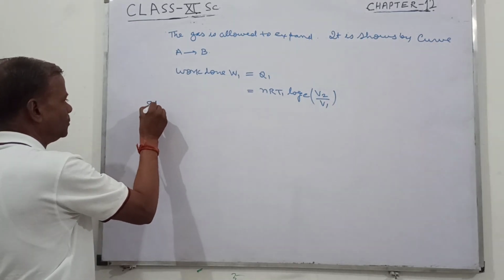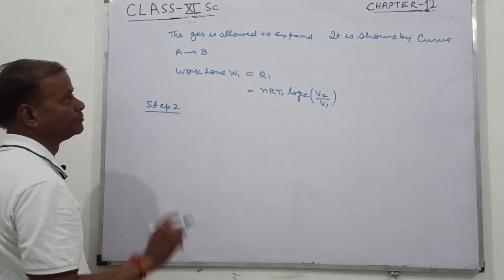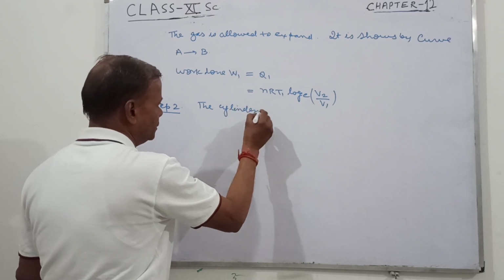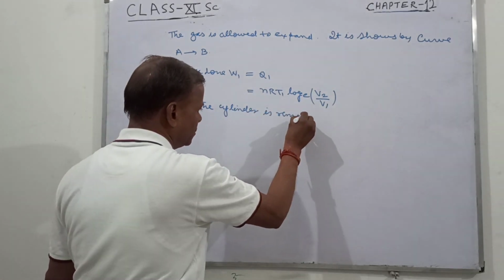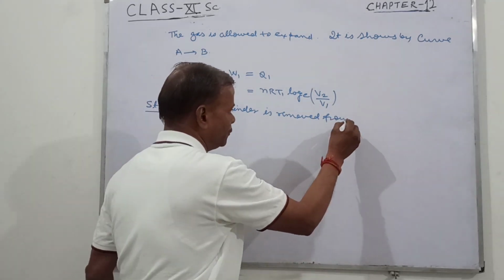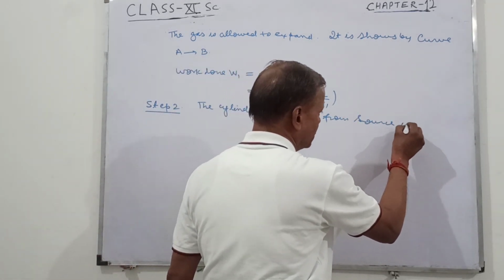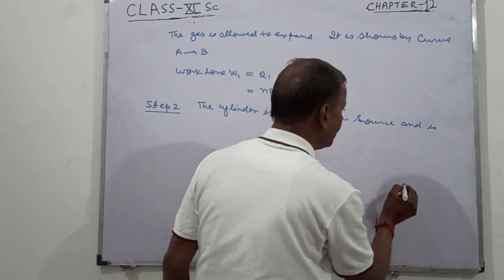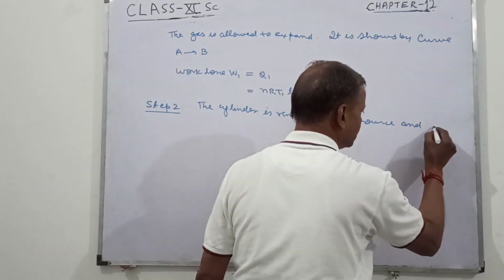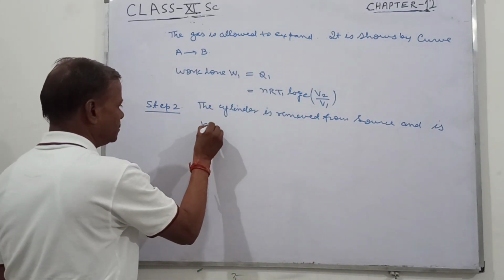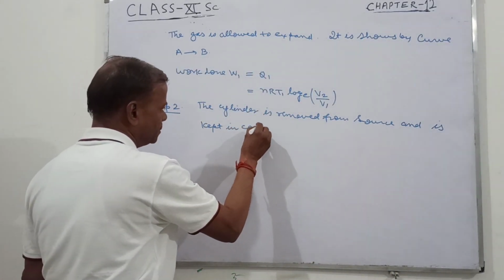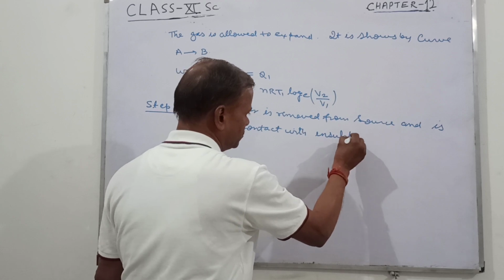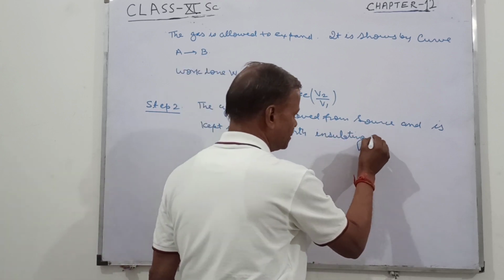Step 2. The cylinder is removed from the source and is kept in contact with the insulating stand.